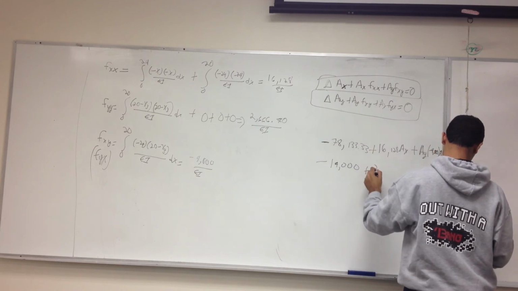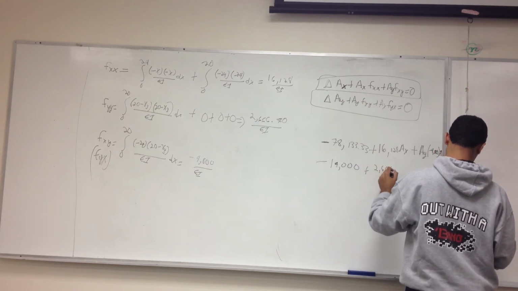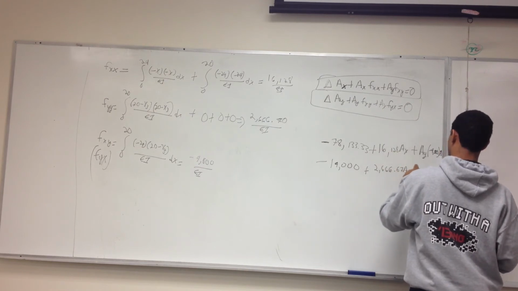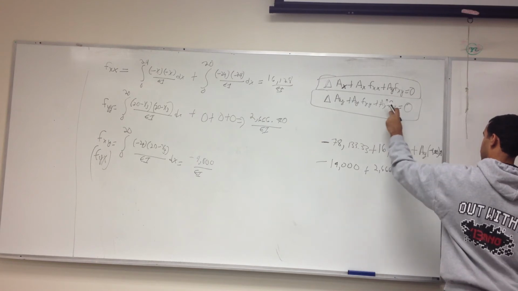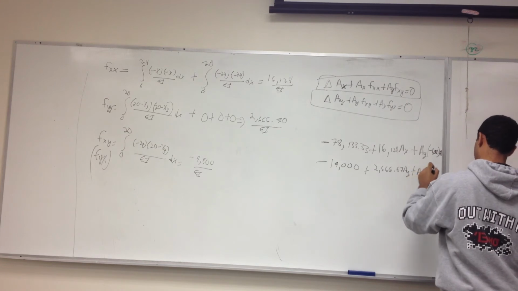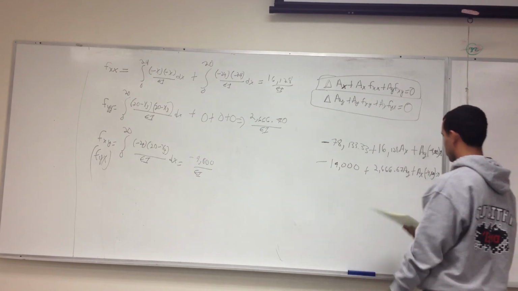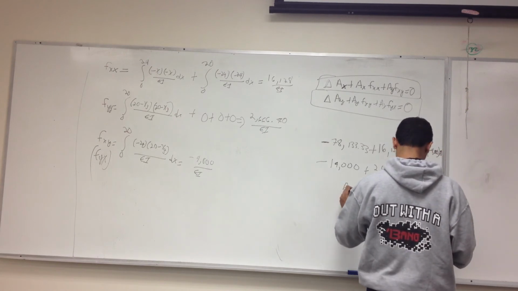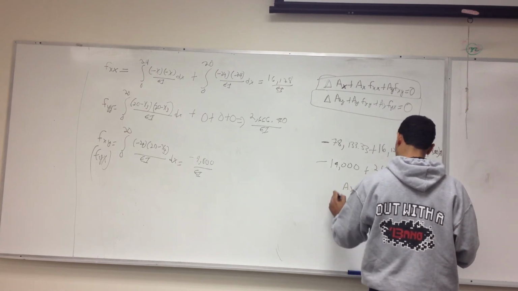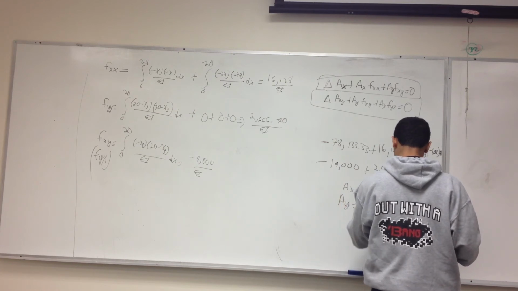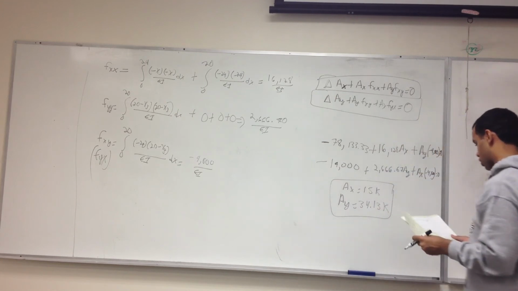FYY was 2,666.67 AY plus AX FYX, which is negative 4,800 equal to 0. Now you can plug this into a calculator and you get your values of AX and AY. AX being equal to 15K and AY being equal to 34.13K. So now we have our values of AX and AY.